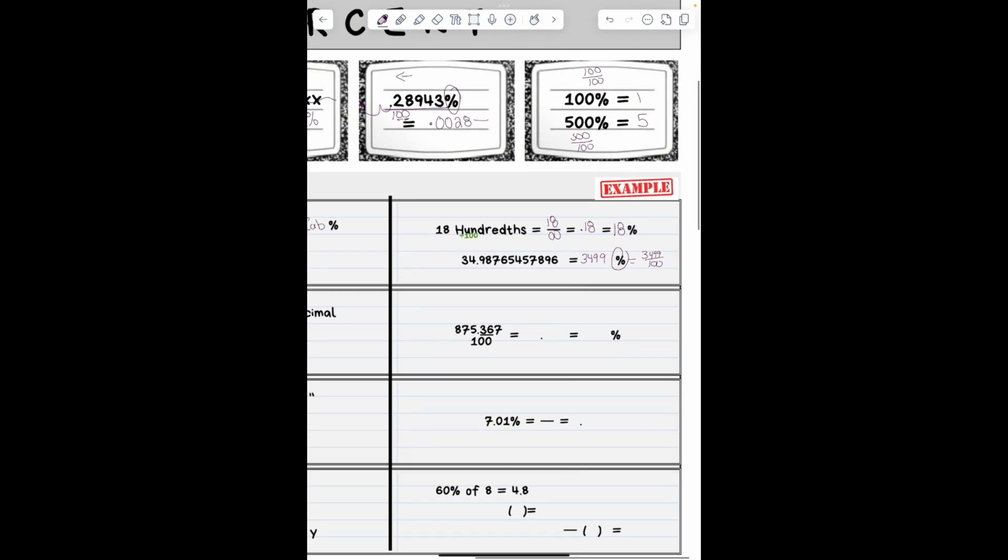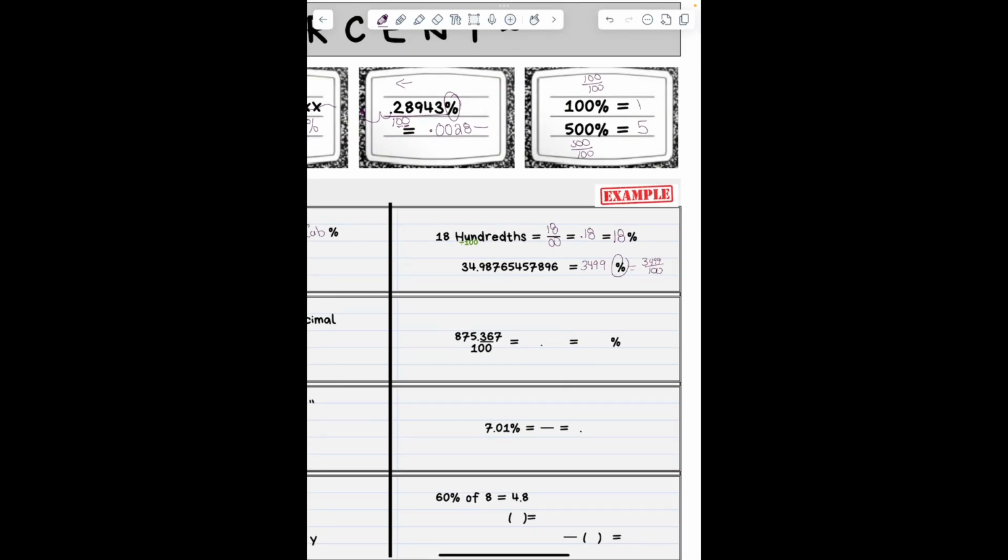Let's look at this example here, 875.367 over 100. So when I want to divide by 100, dividing by 100 makes something smaller. And don't get that confused up here. Up here I wasn't starting with something divided by 100. I was starting with something and I wanted to convert it into something over 100.